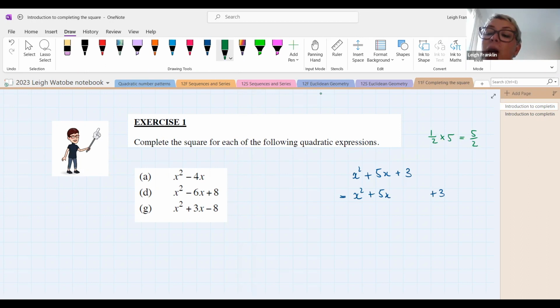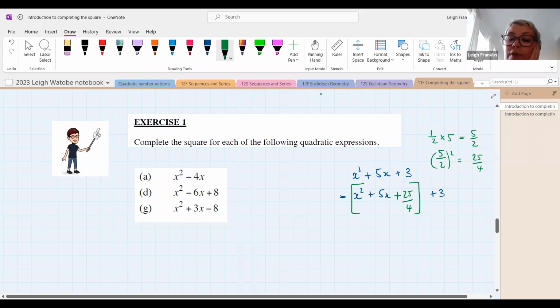If you do that on your calculator, half of 5 is 5/2. Then you have to take that number and square it. That is where the 25/4 comes from, because 5 squared is 25 and 2 squared is 4. This is the number that you need to add in here to create your perfect square trinomial. So this thing with the green brackets around it is your perfect square trinomial.